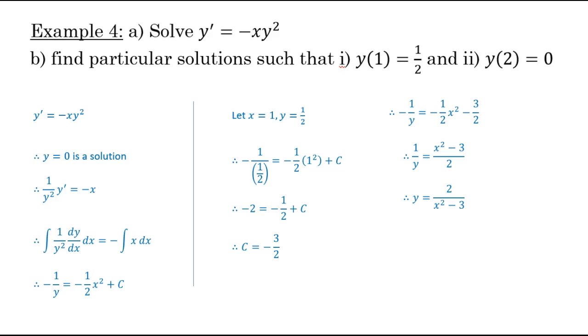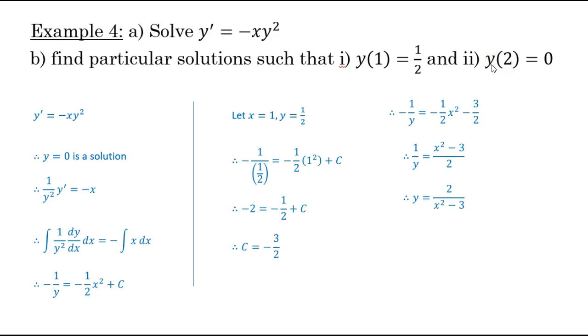My second particular solution is when x equals 2 and y equals 0. We need to go back to very close to the beginning. We know that y equals 0 is a solution.